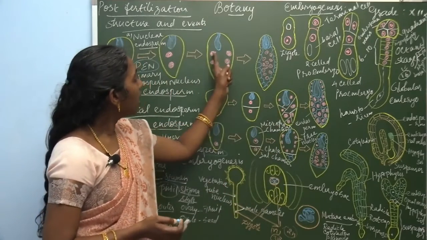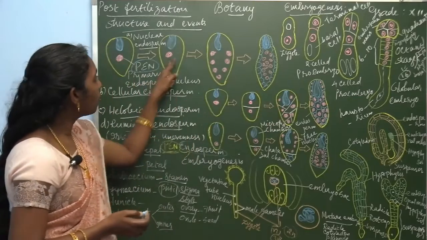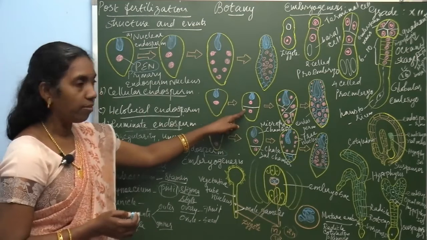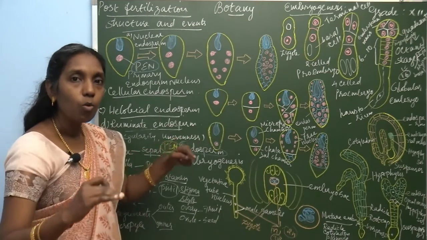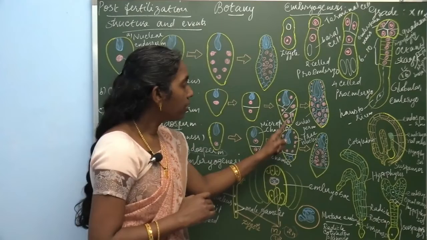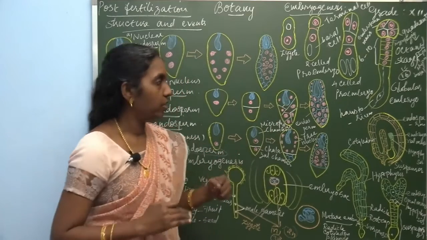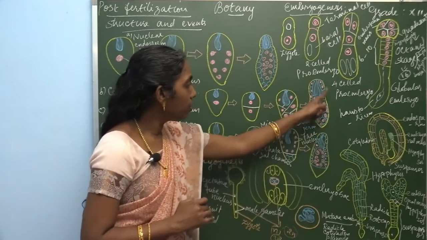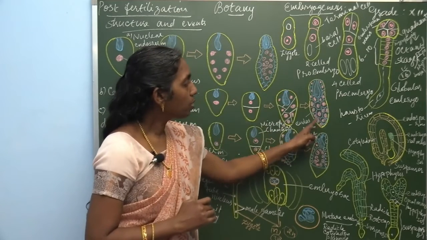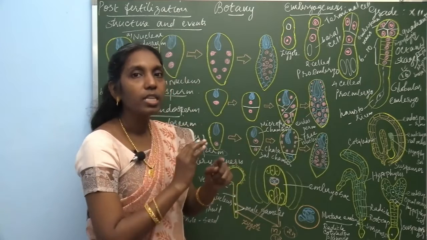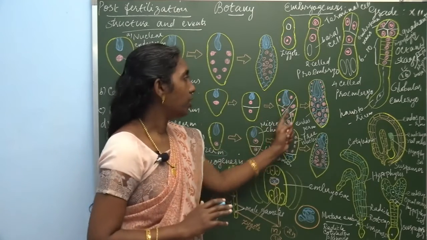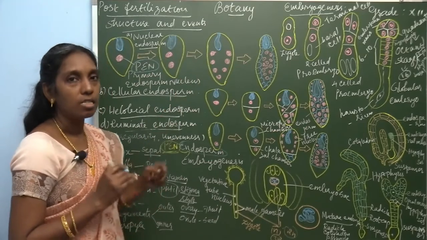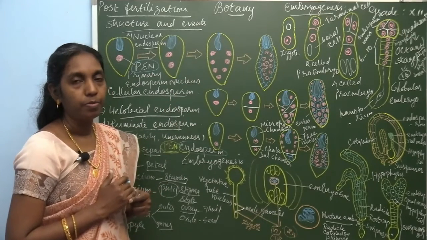Look at this diagram, there is a difference. There is no cell wall formation in nuclear endosperm, but in cellular endosperm development there is wall formation. Subsequent divisions occur with wall formation, so finally it becomes the endosperm, and all the nuclei have walls. This is the main difference between nuclear endosperm and cellular endosperm.